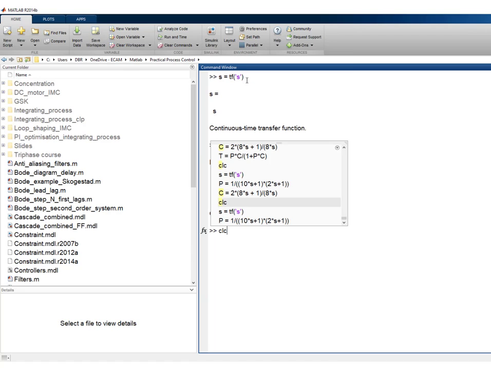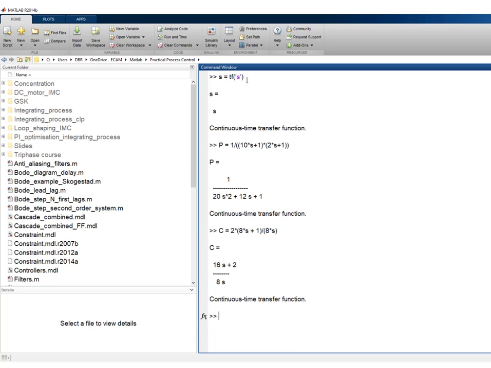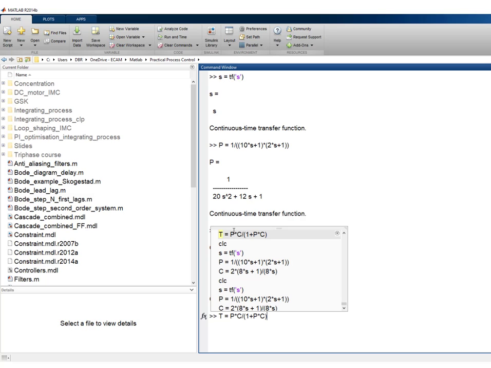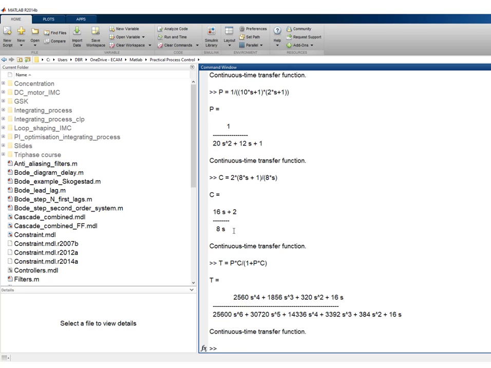I will take a controller with a TI of 8 and a gain of 2. If this is a problem, you can have a look at the section devoted to PID controls and look at this example later. What we can then do is compute the closed loop transfer function from set point to PV, and here it is.